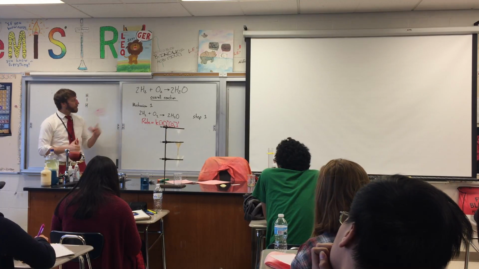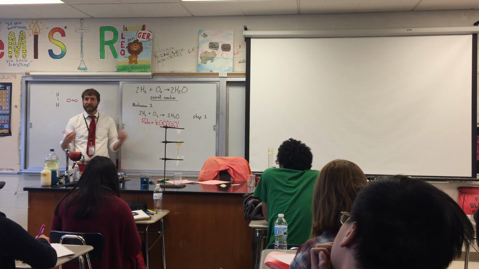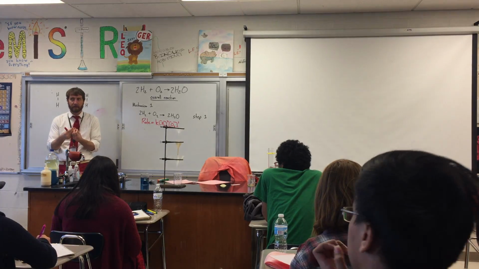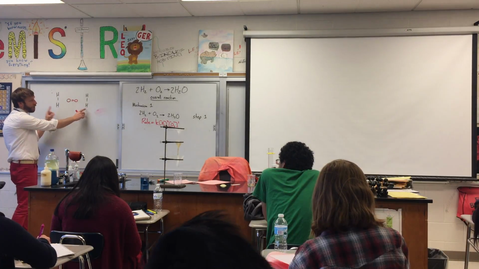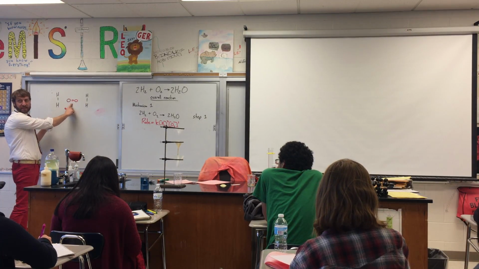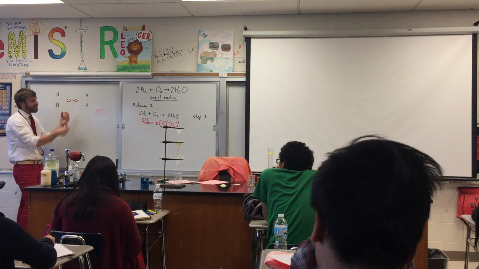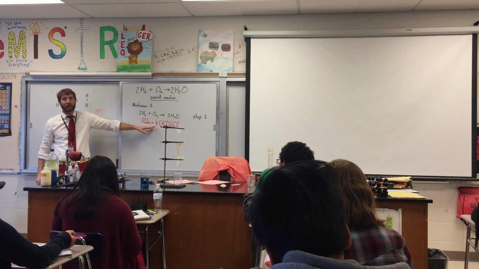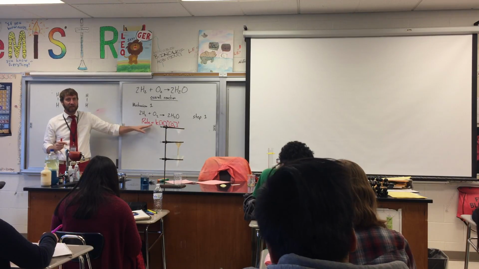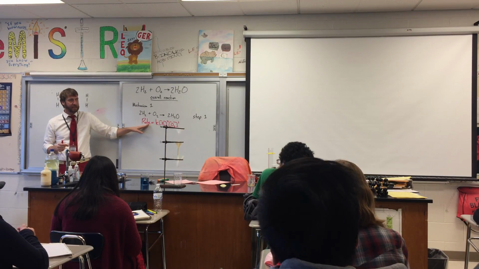Why? Because if this is actually the collision that occurs, then if we put more O2 in the system, there are going to be more of these collisions. The more of these collisions there are, the more likely we're going to get a successful collision and the rate's going to increase.